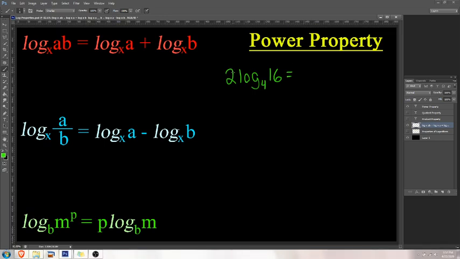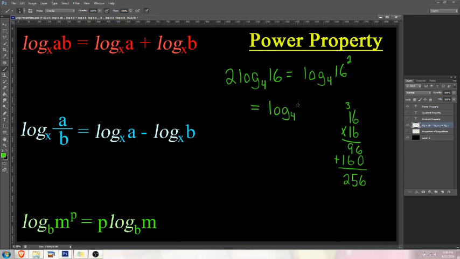So this 2, since it's already in front, we can, if we want to, move that up there and find that 2 times log base 4 of 16 is log base 4 of 16 squared. So let's see, what is 16 squared? 16 times 16, we got the 6, carry the 3, 9, 0, so 256. So this is equal to log base 4 of 256. Right?